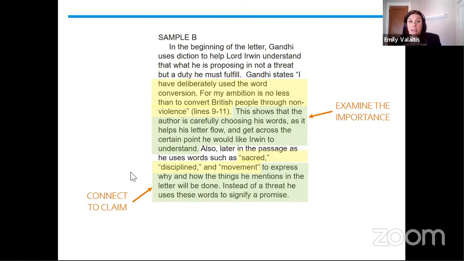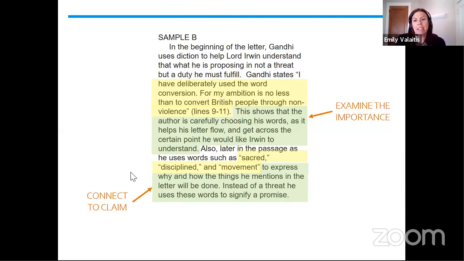If we were to go back in and read the analysis a little bit more carefully, you might notice that the student is examining the importance and connecting the claim. The first example, the student writes, "This shows that the author is carefully choosing his words as it helps his letter flow and get across the certain point he would like Erwin to understand." Again, it's show, don't tell.